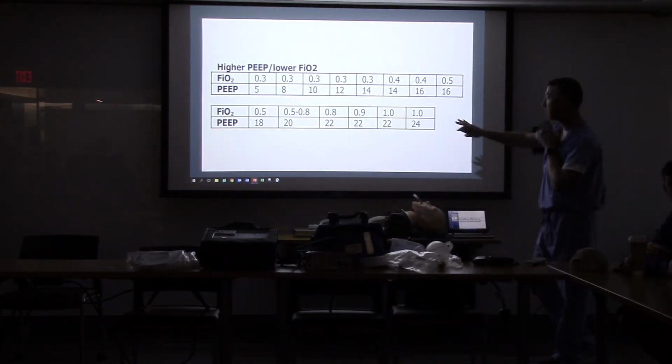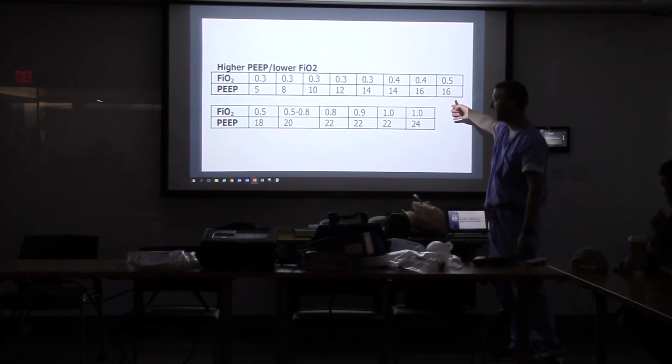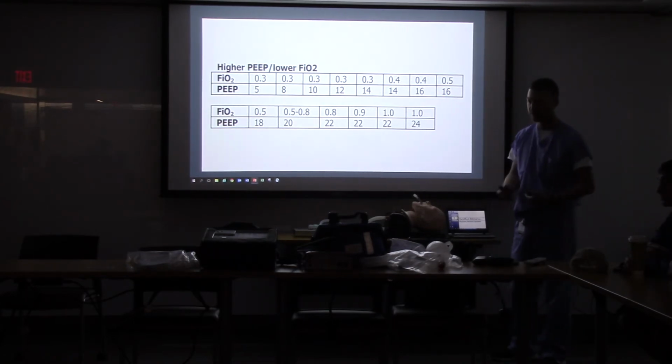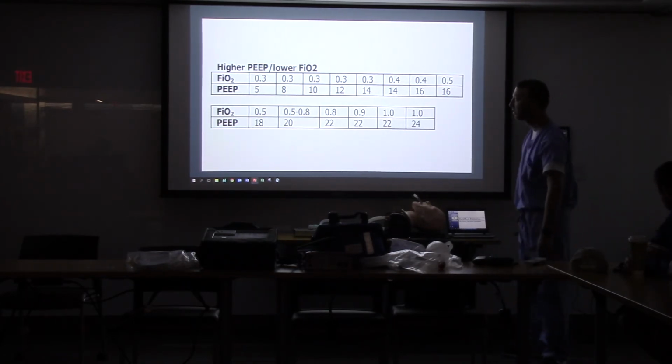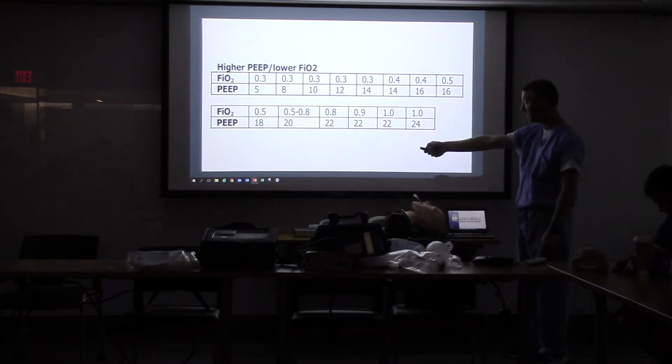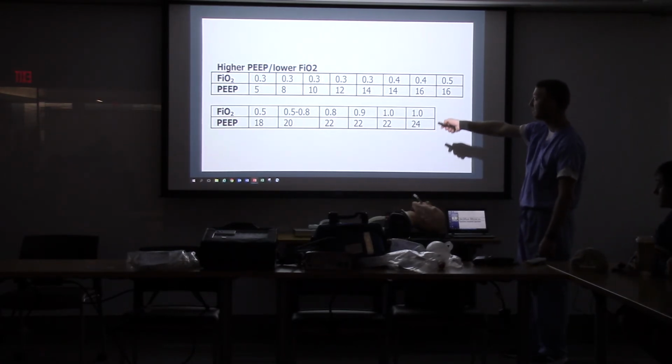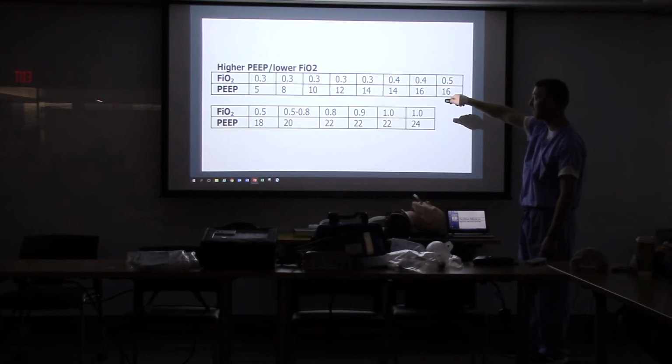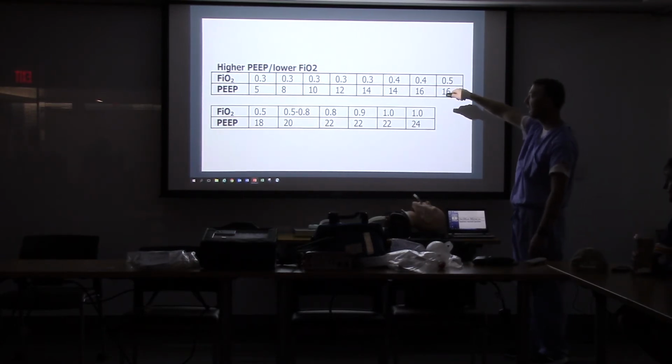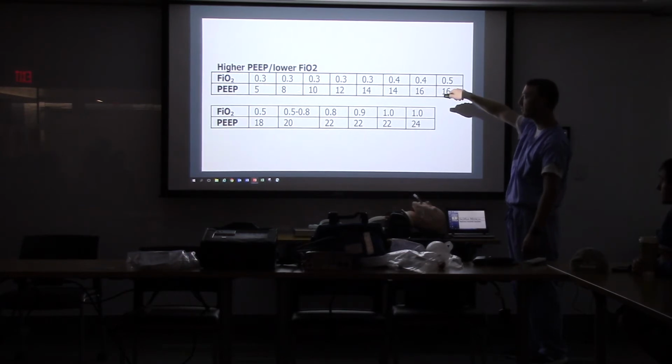So we basically just give a chart to the respiratory therapists or the nurses and say, okay, start out here, and then just keep stepping up in sequence. Let's say you start out here and your sats are 85%. Give them a little bit more PEEP, 86%, a little bit more PEEP, 87%, a little bit more PEEP.